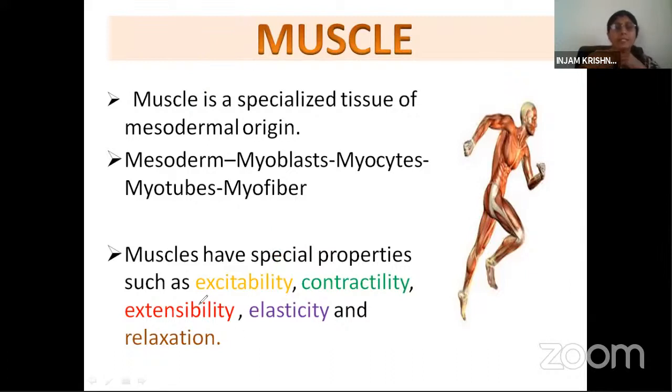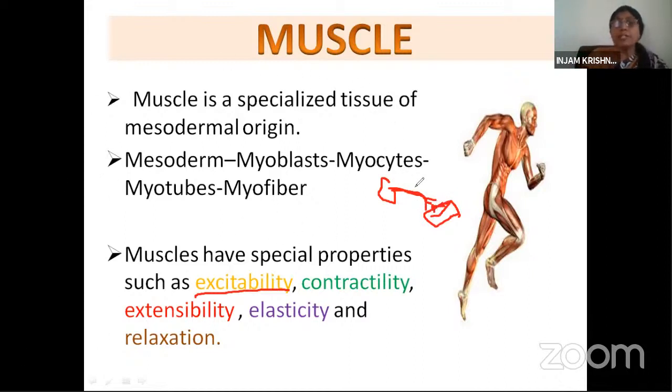What is excitability? For example, there is a motor neuron, and here one muscle or an organ. It sends one stimulation. The stimulation passes through the motor nerve to the muscle. Immediately it receives that stimulation and gives the response.